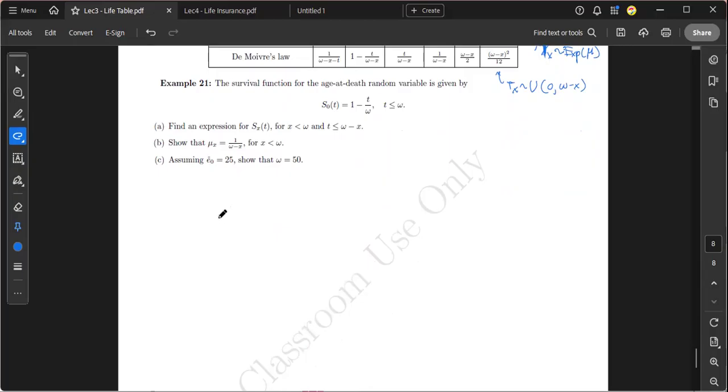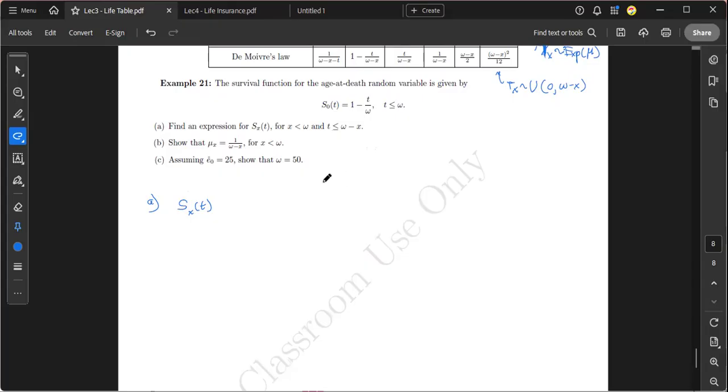Find an expression for the Sx(t) first. This is surviving from age x to x plus t, and we know this value. And the survival function at age 0 is given here. And they say that omega is greater than x and t is less than omega minus x.